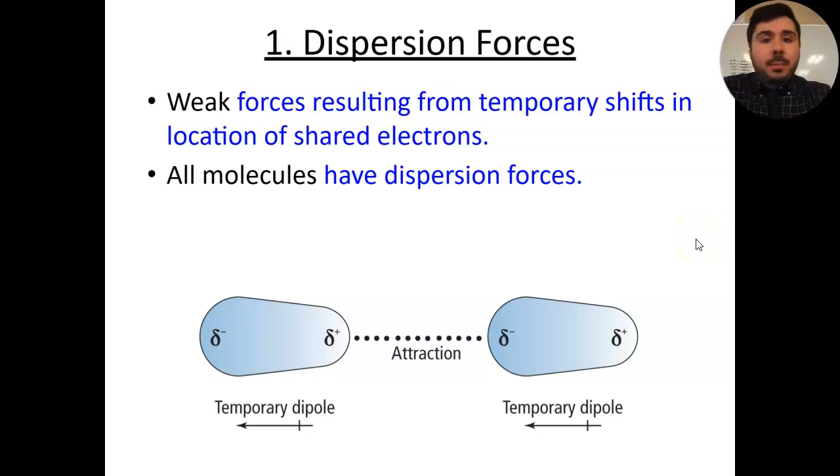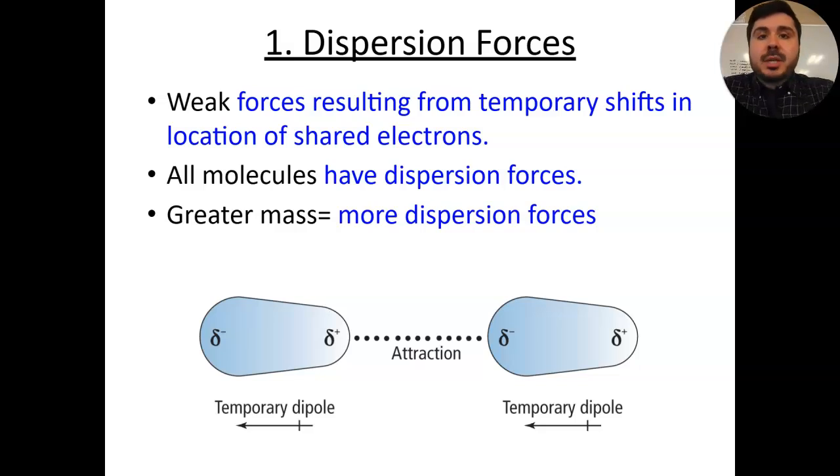Now, all molecules have dispersion forces. It literally does not matter what type of substance you are. You can be a really, really intricate looking molecule, or you can be something as basic as H2, right? All molecules of any substance have dispersion forces. Now, how do you determine how great or not the dispersion forces are of any given molecule? Well, it's going to be based on their mass, right?